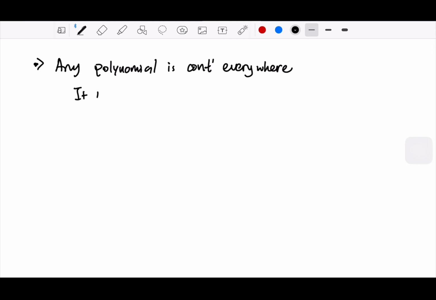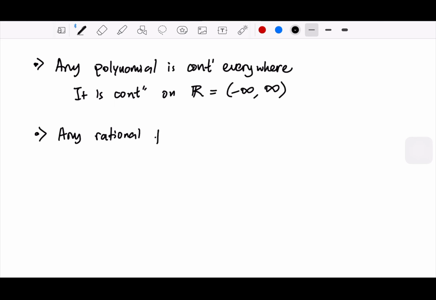So it is continuous on all real numbers, from negative infinity to positive infinity, because a polynomial is a general function. And any rational function is continuous wherever it is defined.